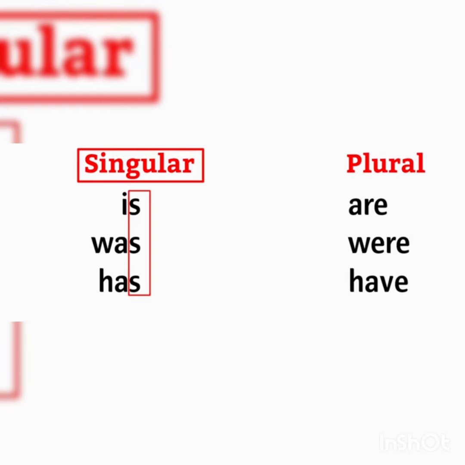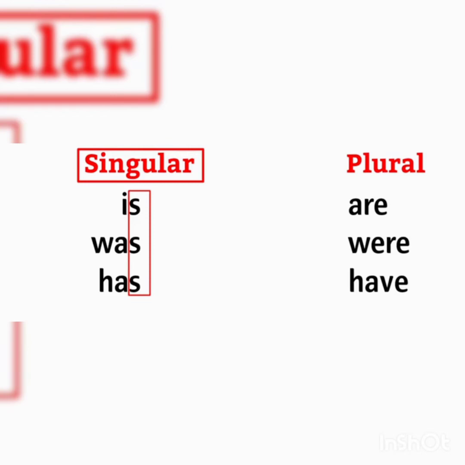Has, the last letter or the alphabet is s. So it can be a trick for you that singular verbs always end with an s. Okay, so now is it easy for you? Singular verbs always take s or es at the end.